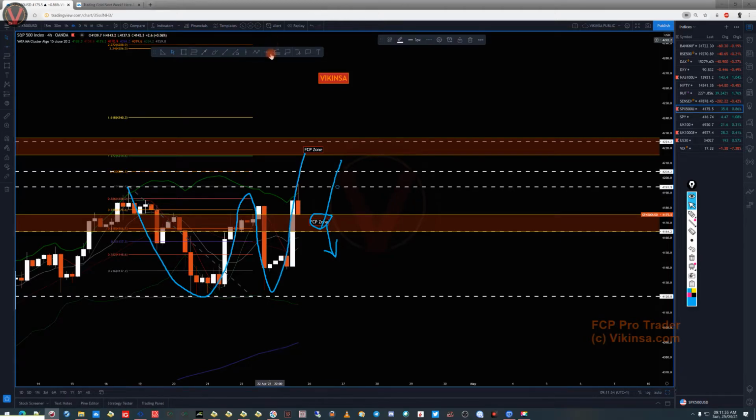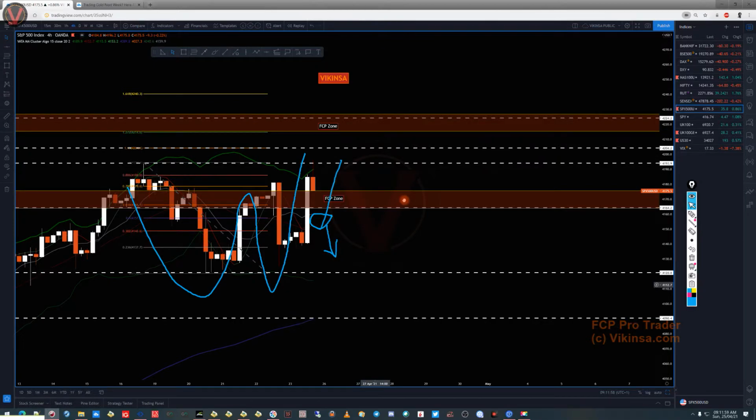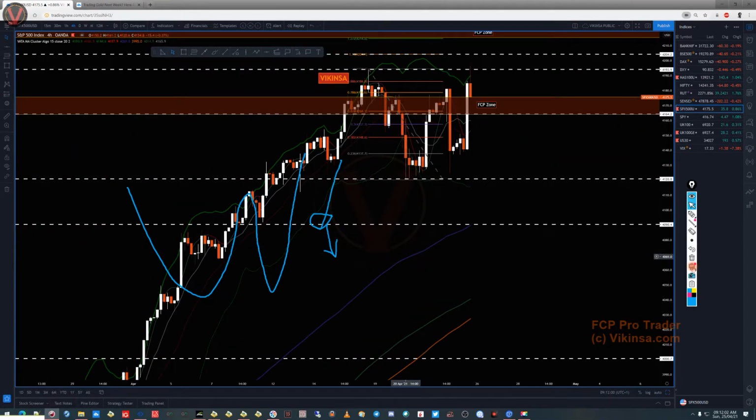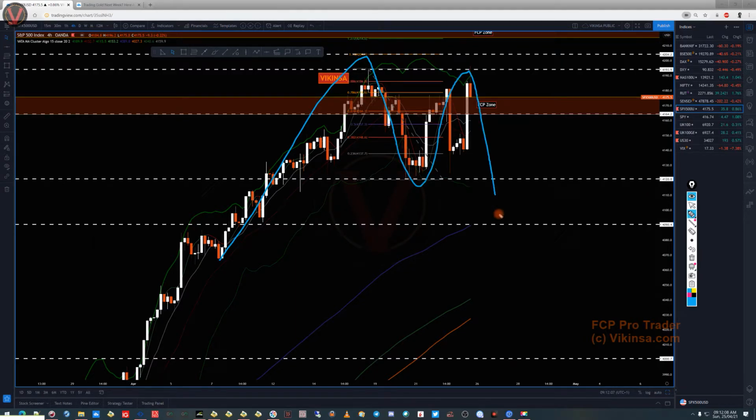And then the next level is going to be somewhere around here, and in that process, as you can see, we have a very good M pattern forming, which can lead the price into this level here, or maybe a little bit lower as well. And you can see that is near about lower here. Give me just 1 second.